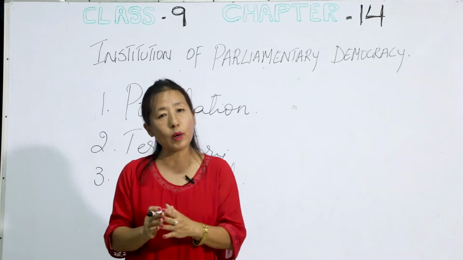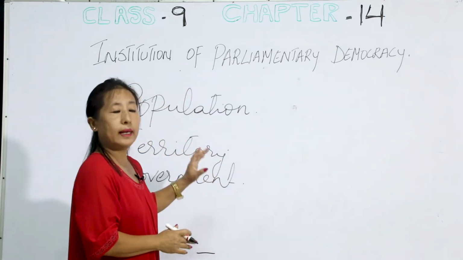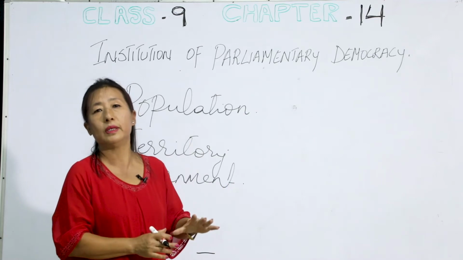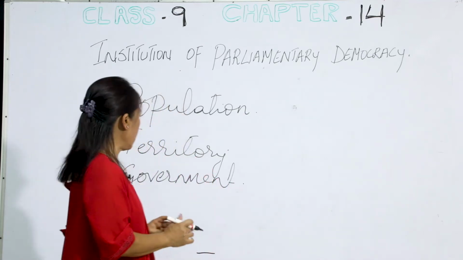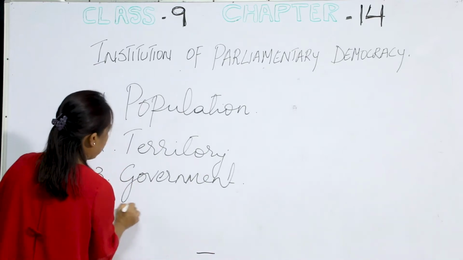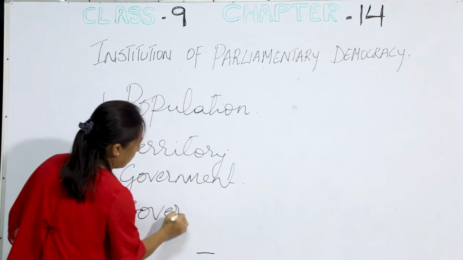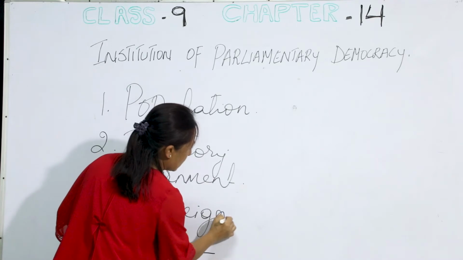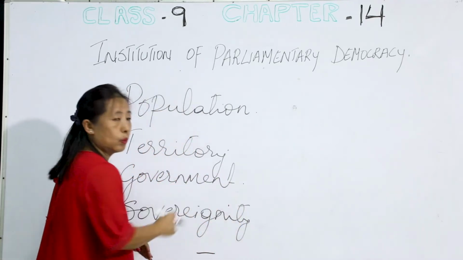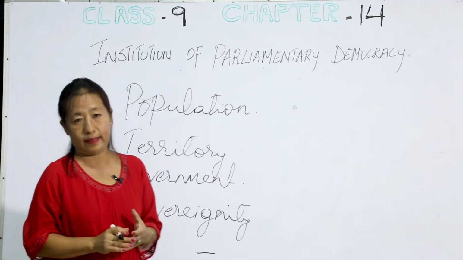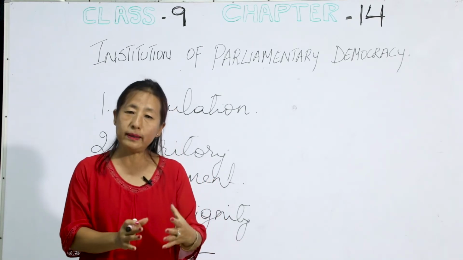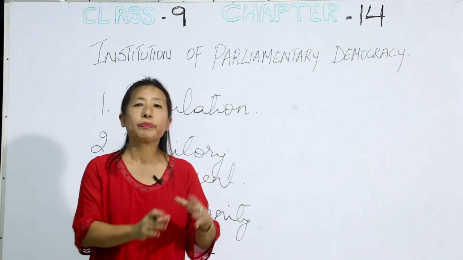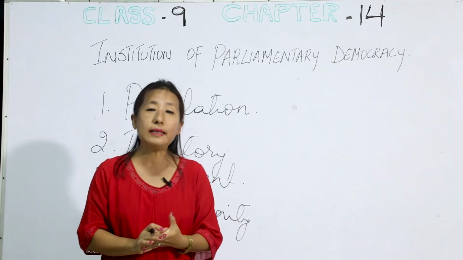That is why government is another important pillar of the state. Then the fourth element is sovereignty. When we say sovereignty, we are talking about independence.